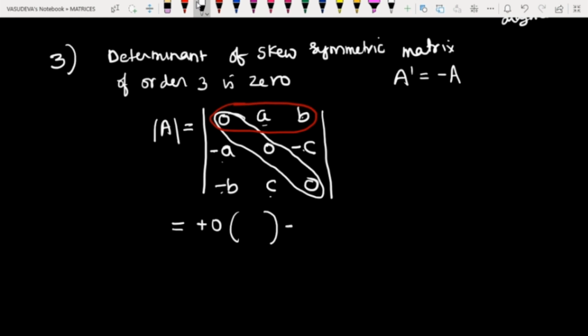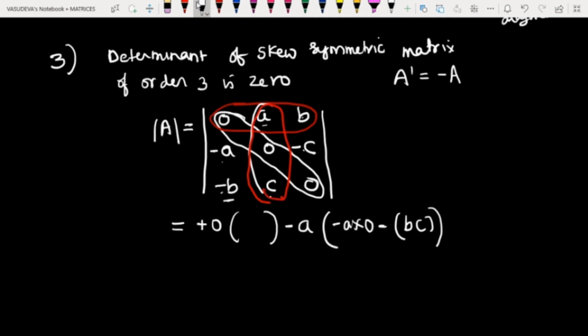And minus A into, so this A lies in the second column and the first row, leaving the elements of the first row and the second column, minus A into 0 minus of minus B into minus C, that is BC, and plus B into, B lies in the first row and the third column.